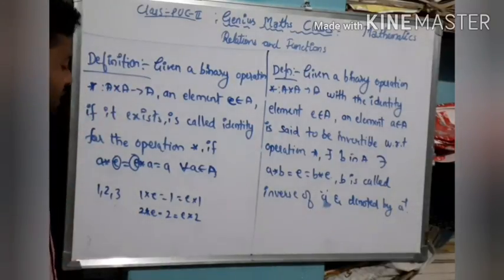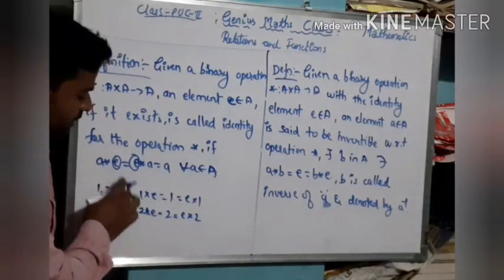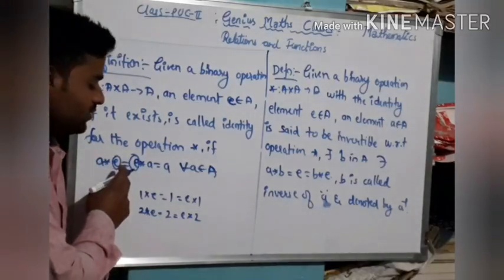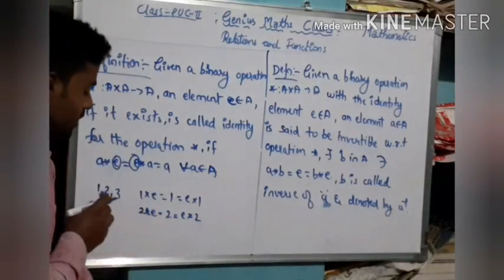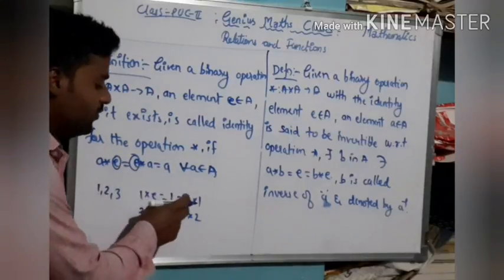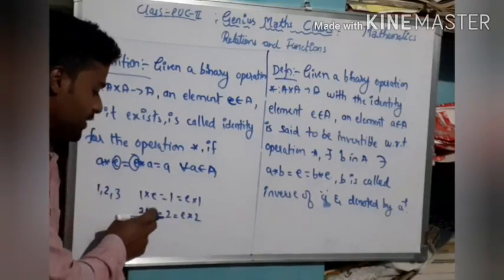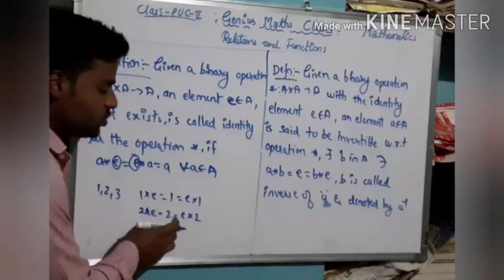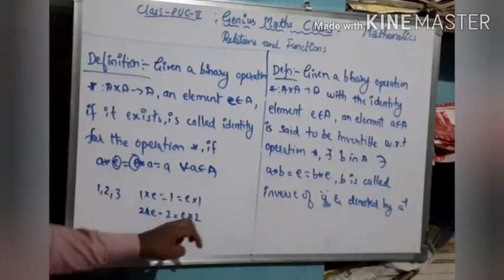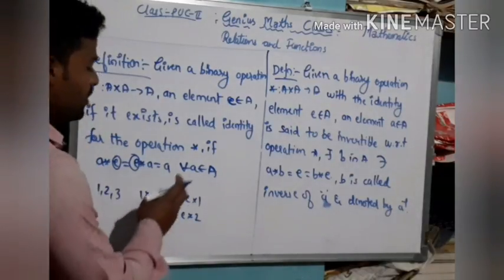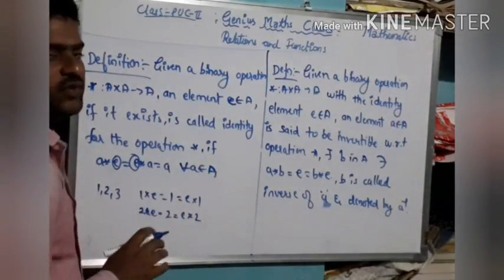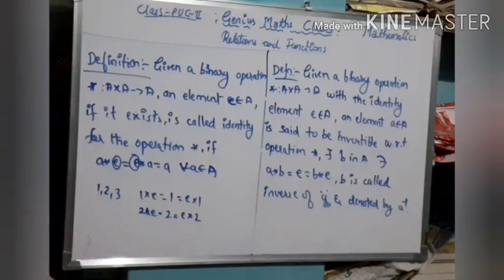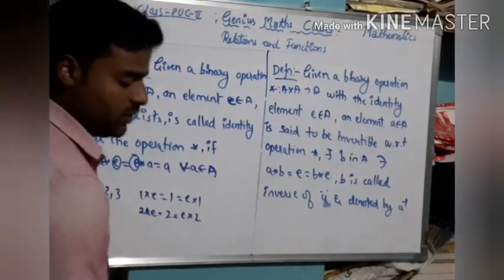That means whichever number operates with E, the result is that same number only. 1 operating with E, the result is 1 only. 2 operating with E, the result is 2 only. So the concept is that any number which operates with E, you will get the same number as the result. Therefore, this is called the identity element.